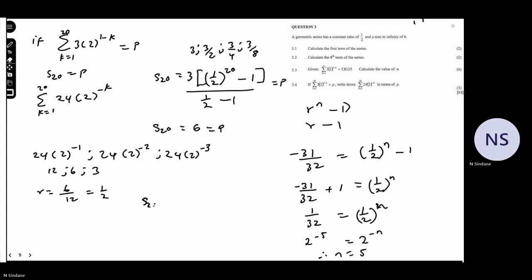And then let's get our S20. S20 is equal to the first value, 12, into 1 over 2 to the power n, which is 20, minus 1, over 1 over 2 minus 1. What is our S20?